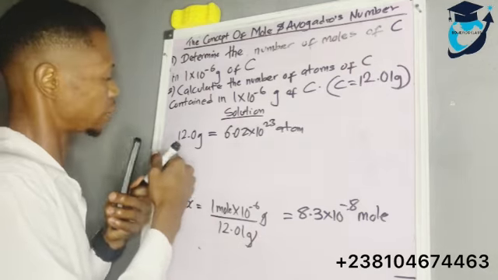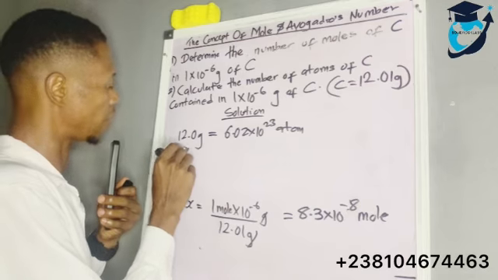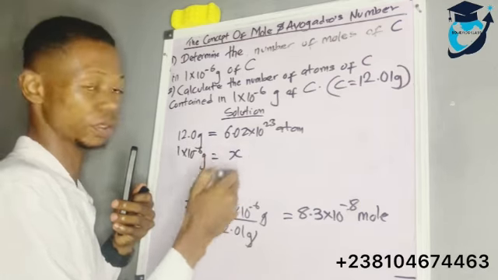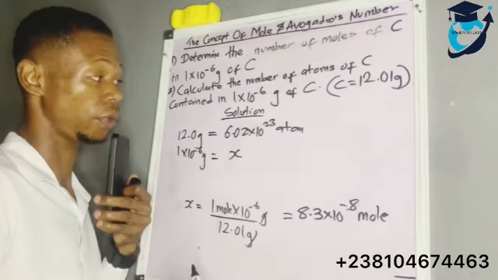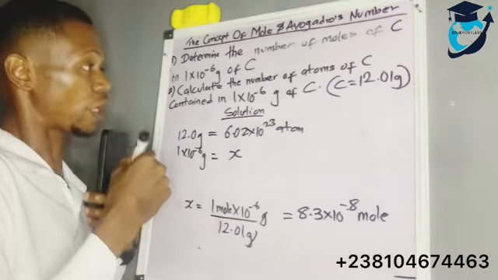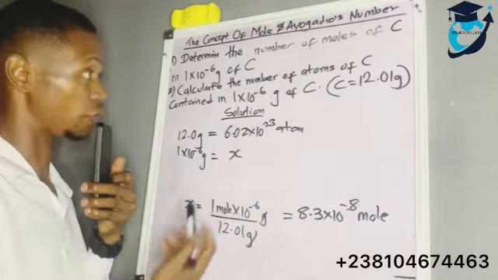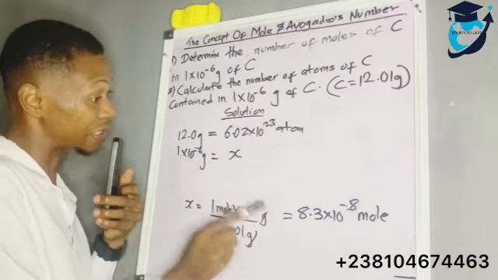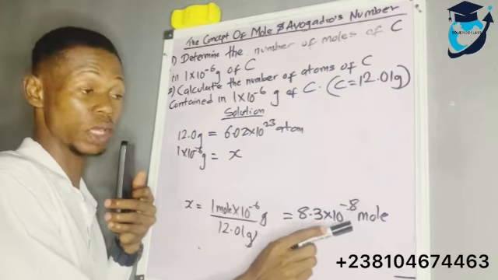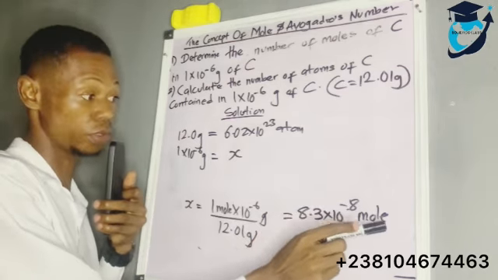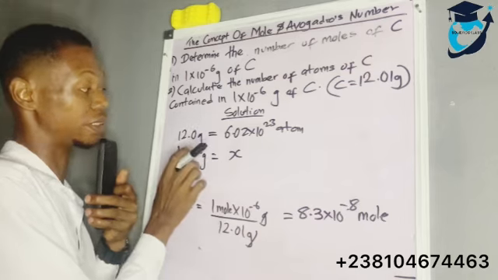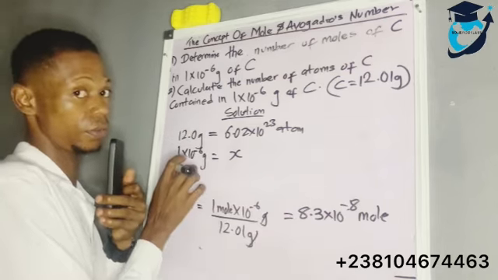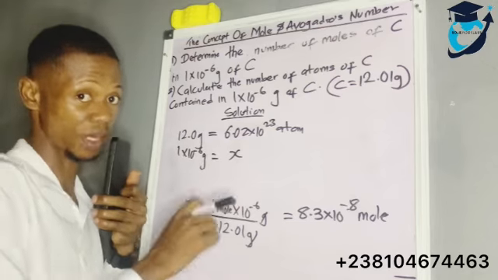So if this, that means 1 times 10 raised to minus 6 gram will contain X number of atoms. You understand? So like I told you, if you decide to use mole here, since 1 times 10 raised to minus 6 gram gets up to 8.3 times 10 raised to minus 8 mole, we can substitute this inside this. Then convert this to 1 mole. Put our 8.3 here. You understand? If you don't understand, comment on the video and I will do one for you.